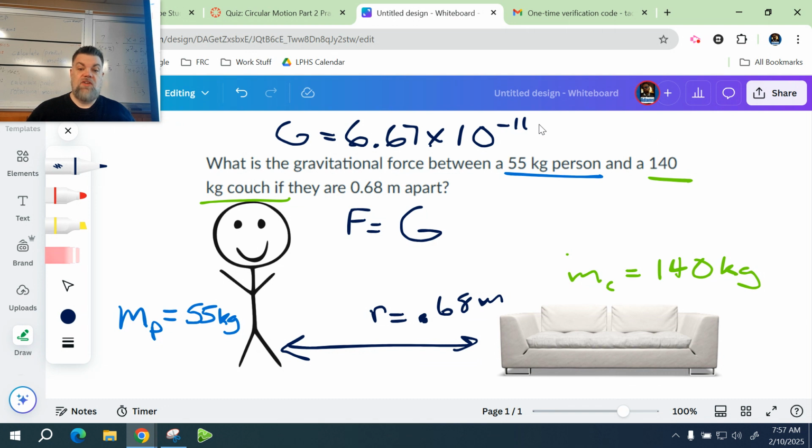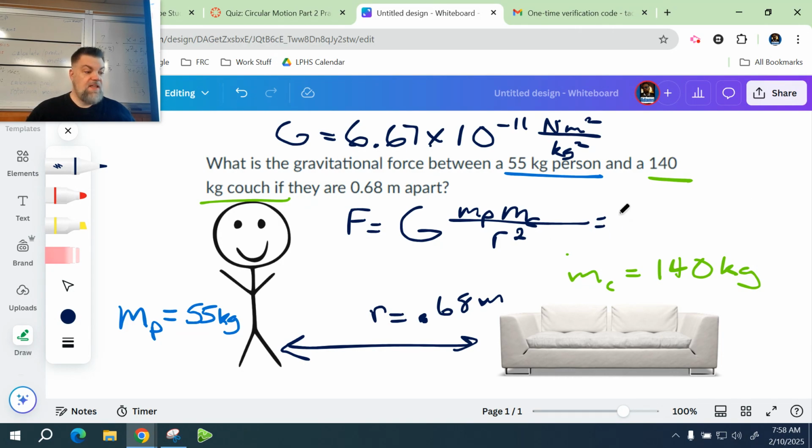It's Newton meters squared per kilogram squared. And then you have the mass of the first object, which we'll call MP, and then the mass of the second object, which we'll call MC, all over the distance between them squared.